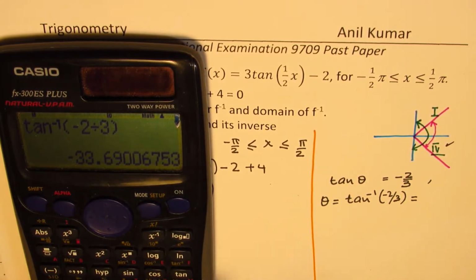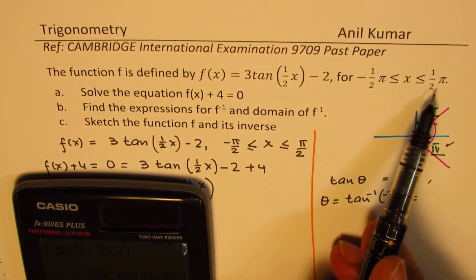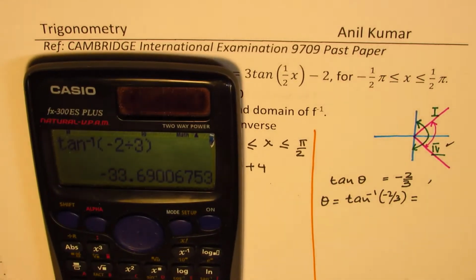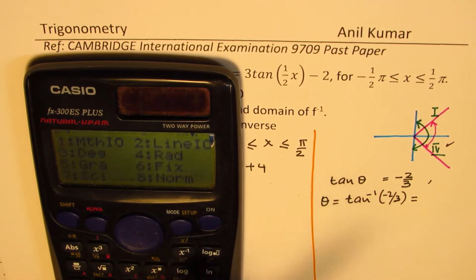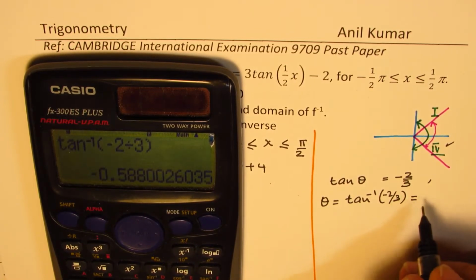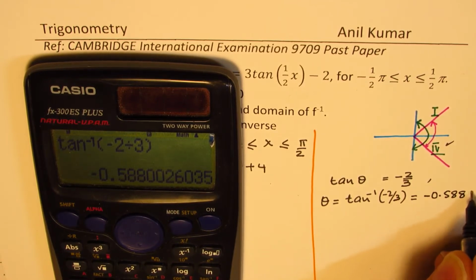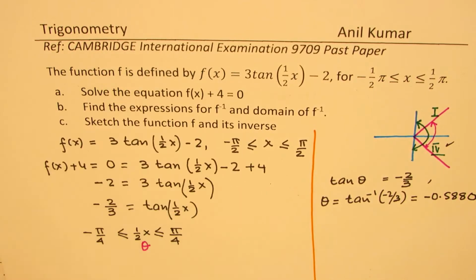But we need to write the answer in radians, so I need to convert my calculator to radians. Shift mode and change this to radians, which is option 4. Now we again find shift tan inverse of minus 2 divided by 3, bracket close, equals. Now we get minus 0.5880, which is in radians.